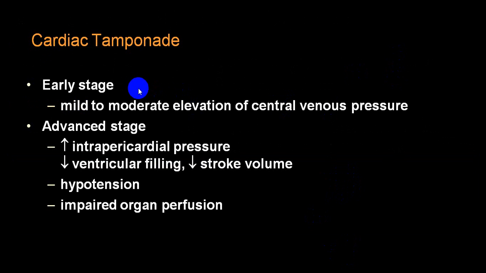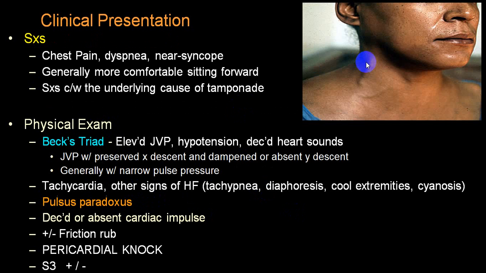In an early stage, you will have a mild to moderate elevation of central venous pressure. In an advanced stage, there will be increased intrapericardial pressure, decreased ventricular filling, decreased stroke volume, hypotension, and impaired organ function. So typically there is elevation of central venous pressure.